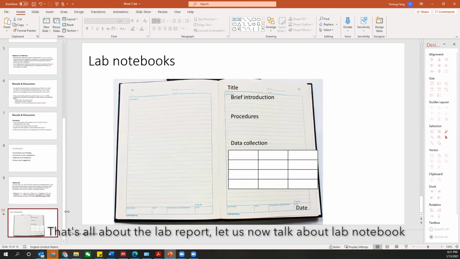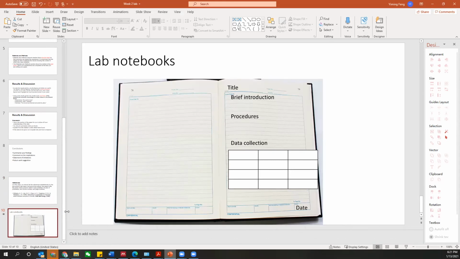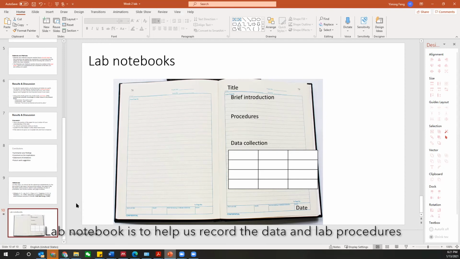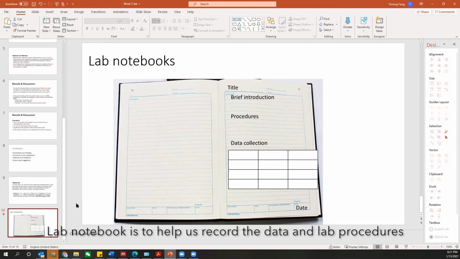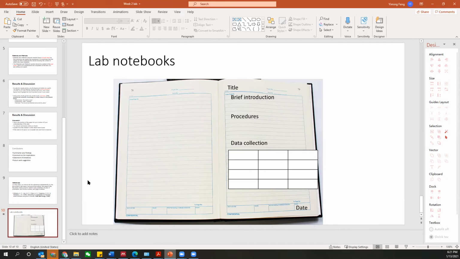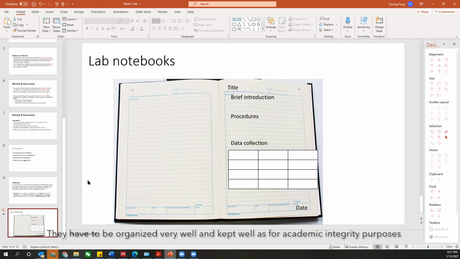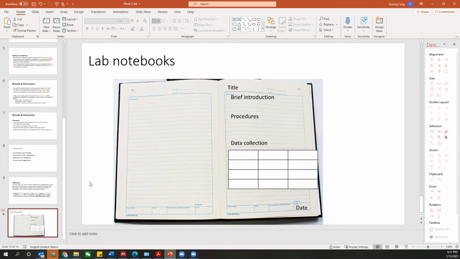Let's now talk about the lab notebook. A lab notebook is to help us record the data and the lab procedures. They have to be organized very well and kept well for academic integrity purposes.